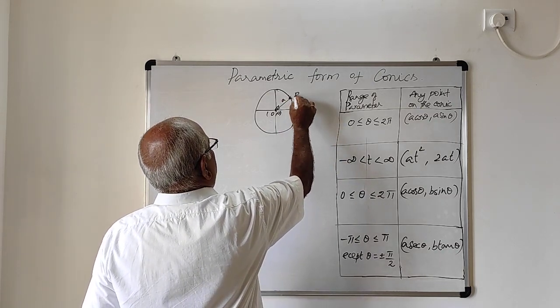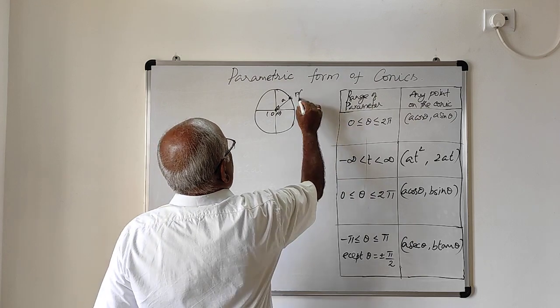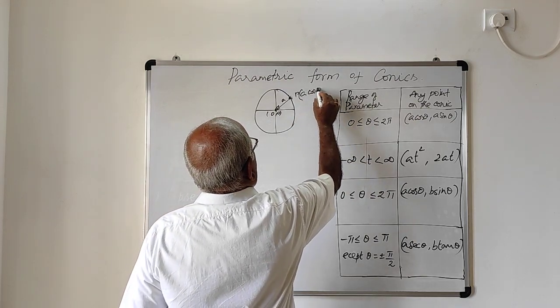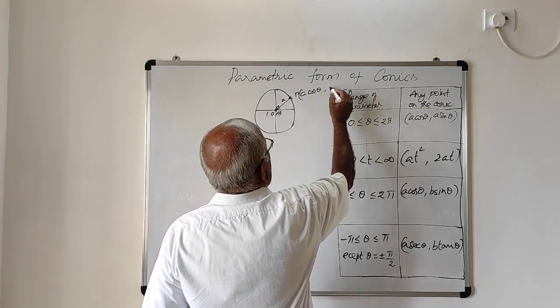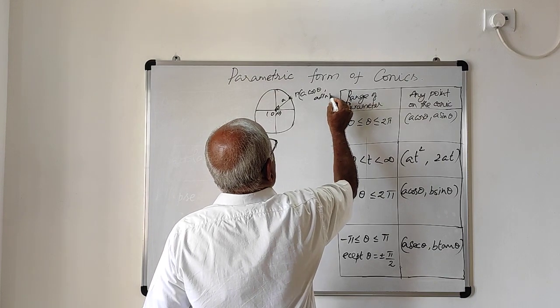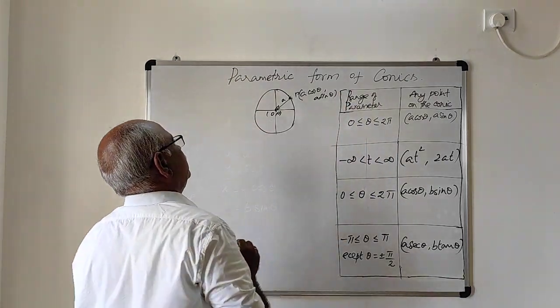Therefore, any point P on the circle is (a cos theta, a sin theta).